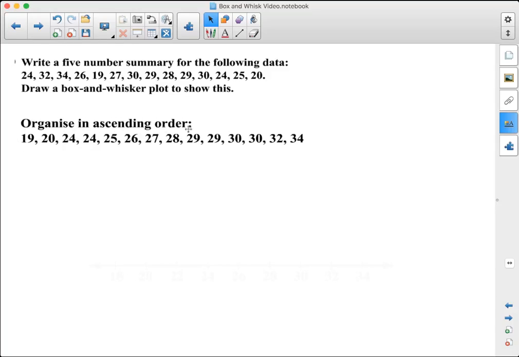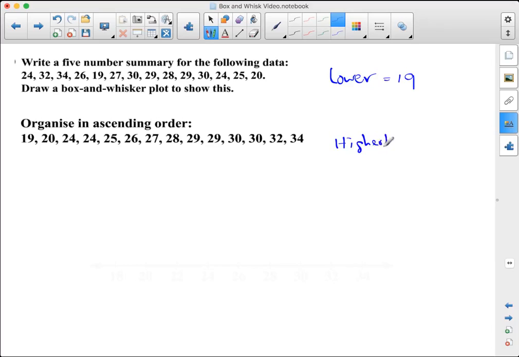Smallest is here, highest is there. And I can immediately see that the lowest value is 19 and the highest value is 34. So I already have 2 of my 5 values.